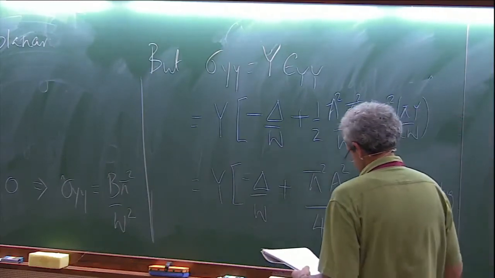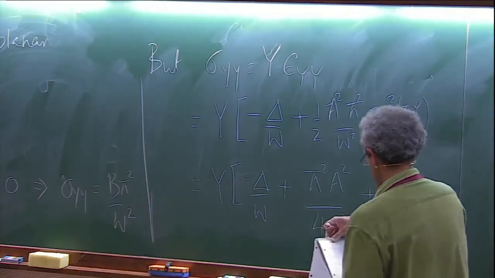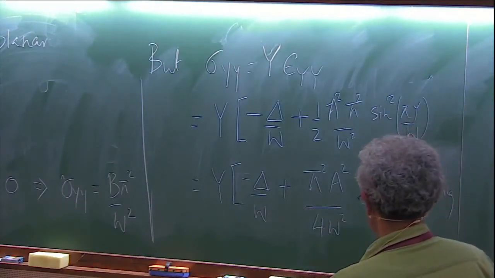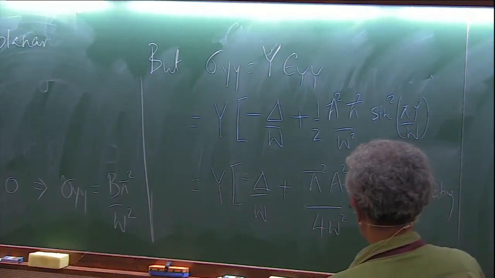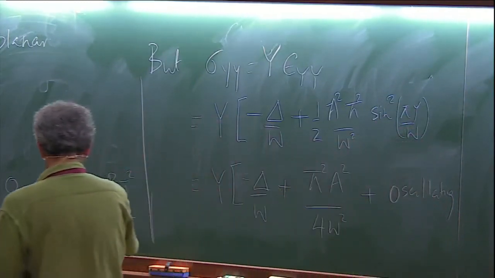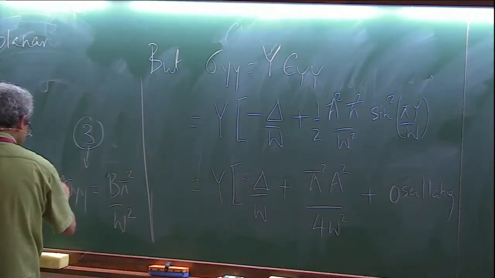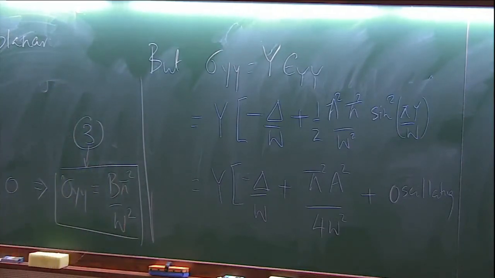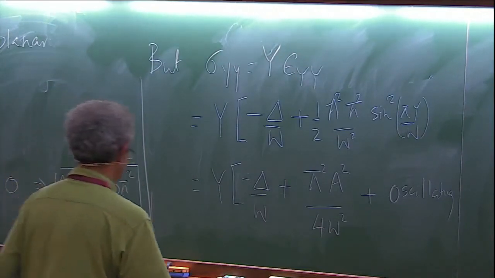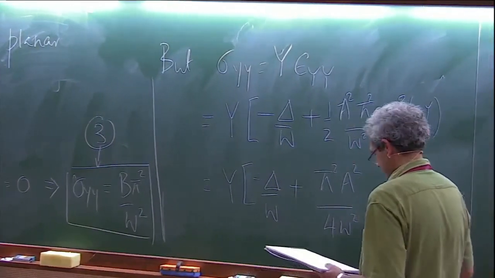Let me start labeling things a bit. Let me call this equation 3. 1 and 2 were those two. And let me call this 4.